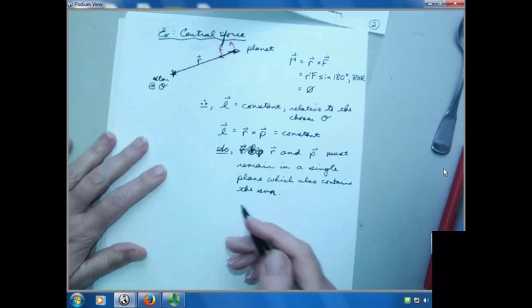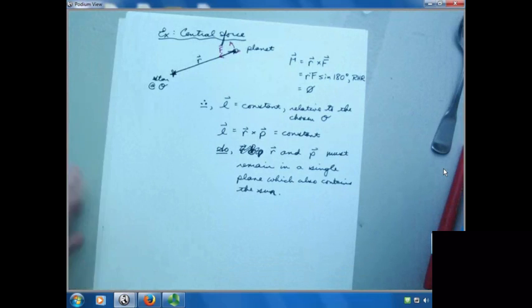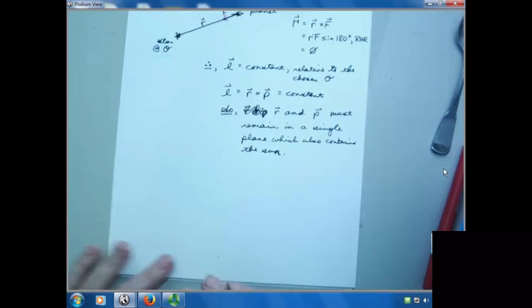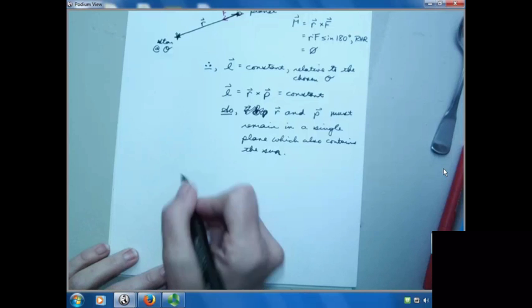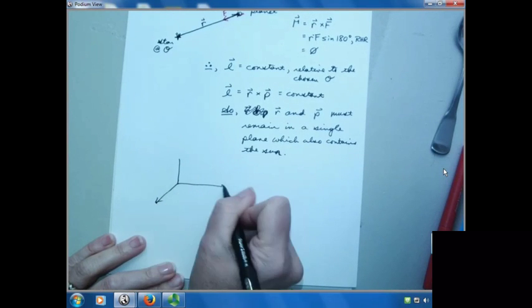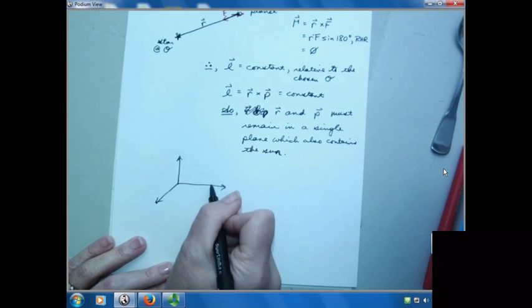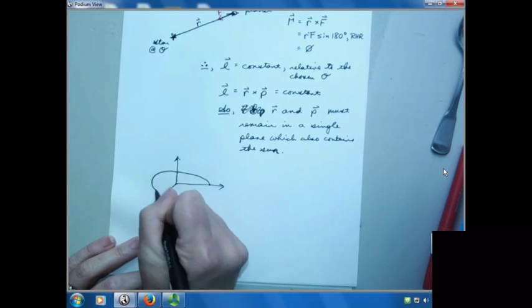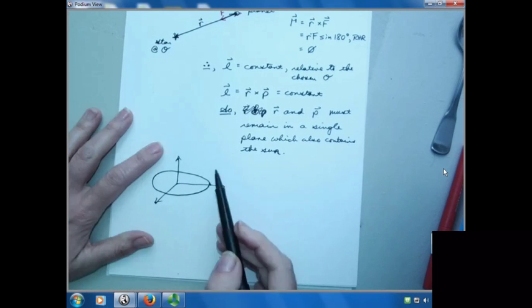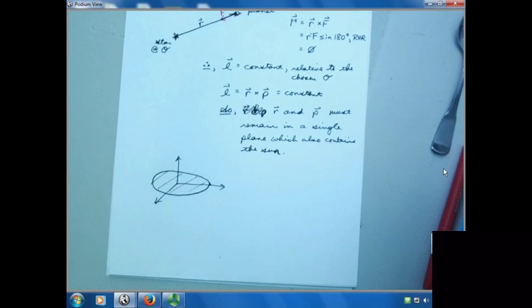All right, so what we have is a situation where I've got the sun at the origin here, and I've got this planet that goes around. That's supposed to look like it's lying in the XY plane.